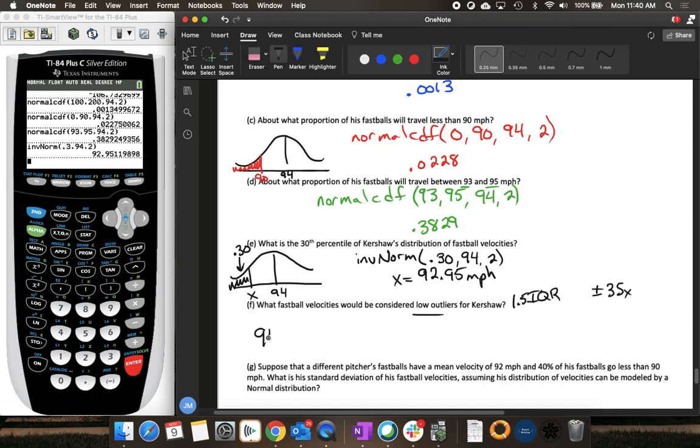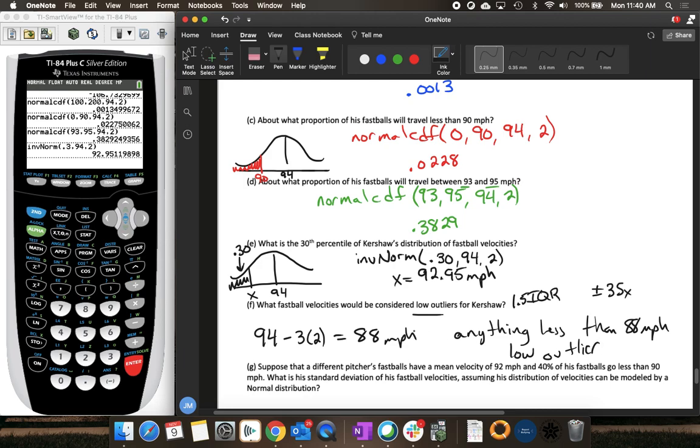So if you start at your mean and go down by 3 standard deviations, and each standard deviation is 2, you end up with 94 minus 6 is 88 miles per hour. So anything less than 88 miles per hour would be considered a low outlier.